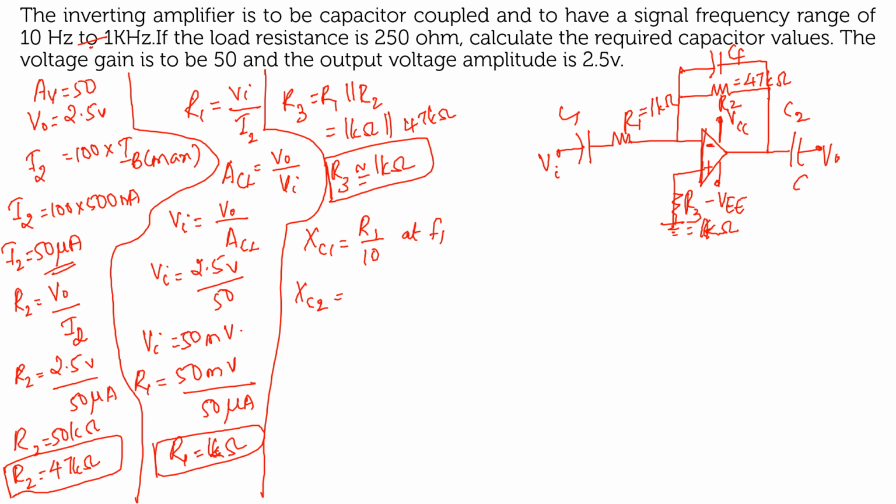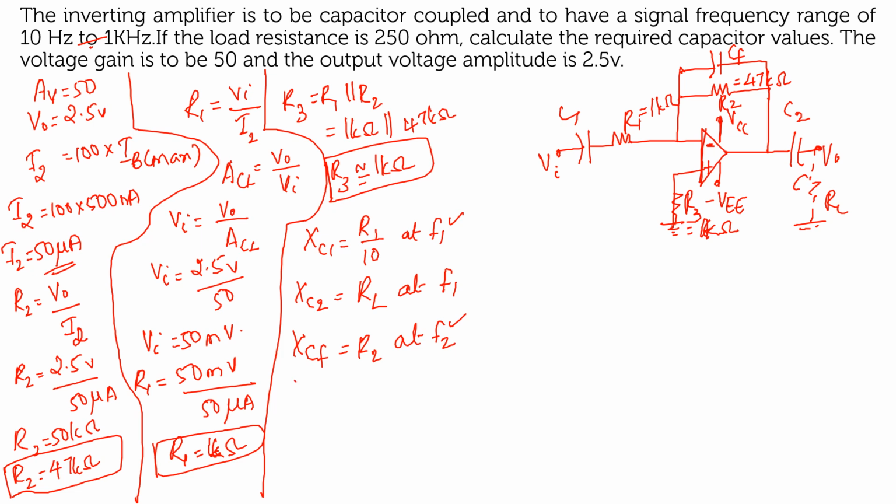XC2 is equal to RL at F1. Here you can see the resistor RL also. And what is your XCF? XCF is equal to R2 at the upper cutoff frequency, that is F2. So F1 is given, F2 is also given in your problem. So can we find it?